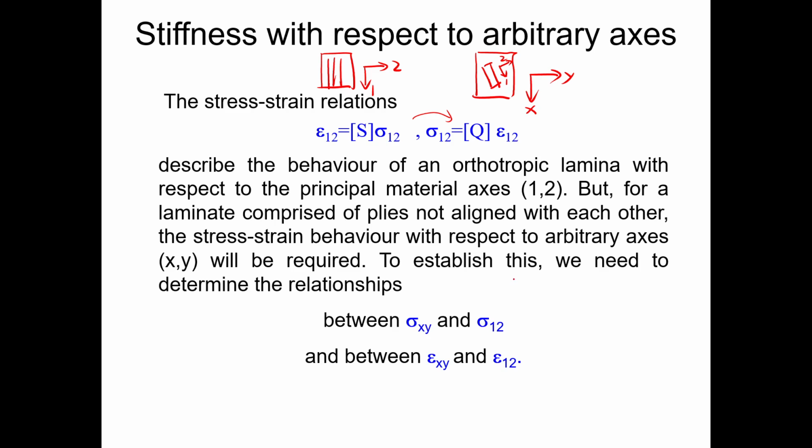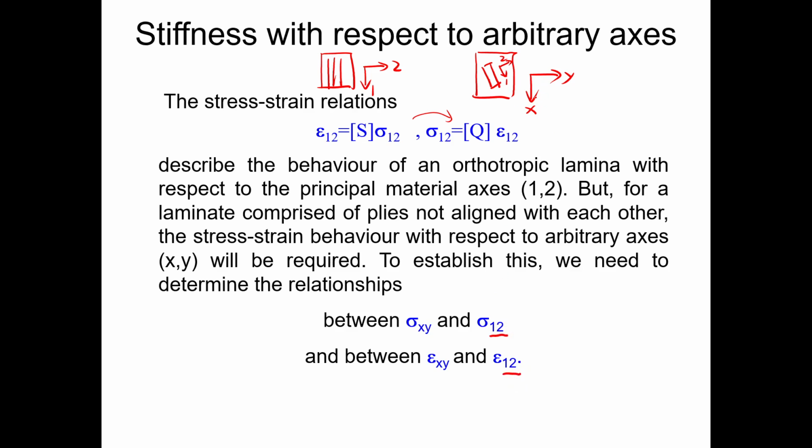So now we want to ask the question: if you rotate your fiber orientation by a certain degree, how do you calculate the stress in the global coordinate system? You can easily calculate that in the material axis 1, 2.